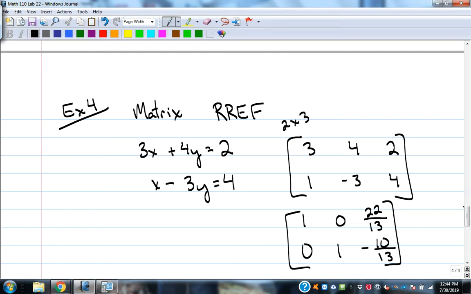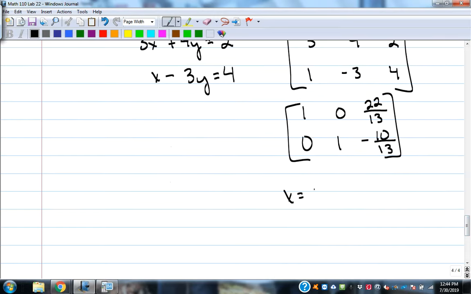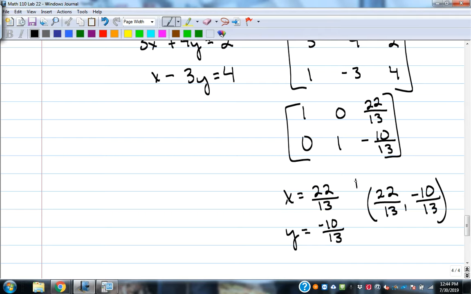That tells us that x is equal to 22 over 13, and y is equal to negative 10 over 13. Get that same ordered pair for this system of equations. No matter which method that we use to solve this, we get the same ordered pair for that. So there's 4 different methods for solving the same linear system of equations.